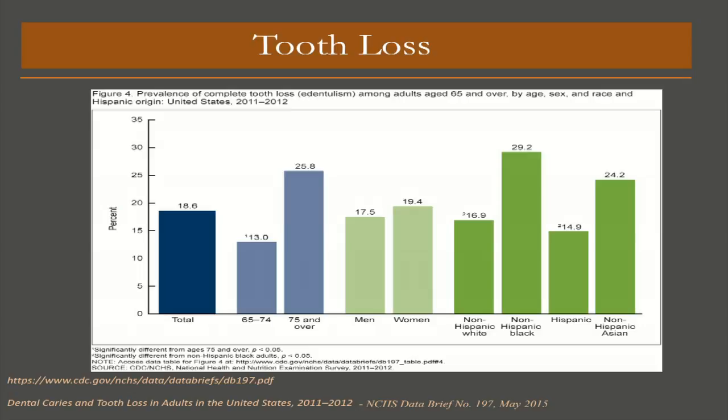On average, women are more likely to be edentulous at 19.4% than men at 17.5%, and African Americans are more likely to be edentulous at 29.2%.